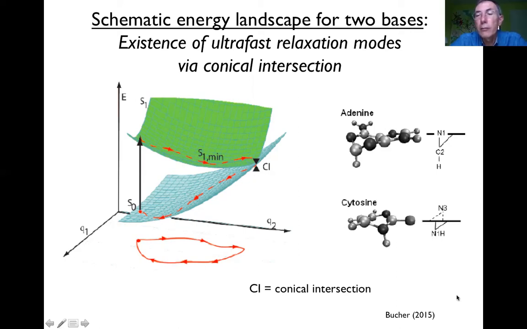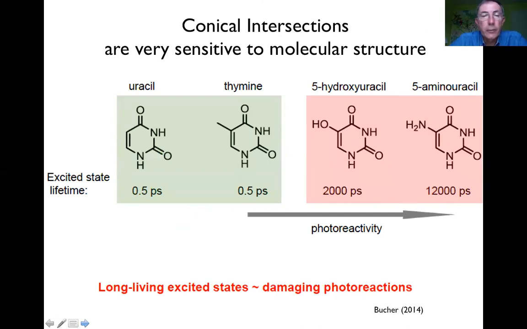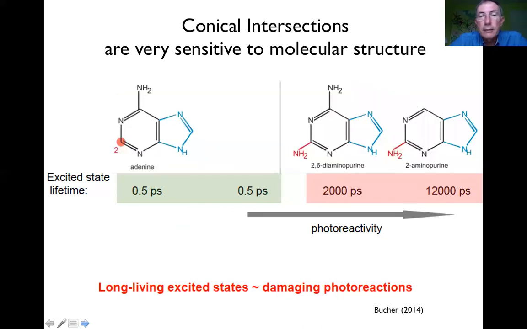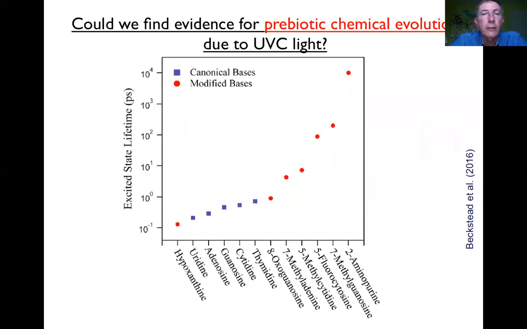So in other words, molecules like that are very photostable, and it's very sensitive on molecular structure. It really can make a big difference if you change the molecular structure even a little bit from a chemistry point of view. You know, for me as an astronomer, when I look at that, well, yeah, that's a big change, but the chemist will say, oh, that's not a big change from a chemistry point of view. So there is kind of the first step in this big question. Can we find evidence that there was prebiotic chemical evolution due to UVC light?